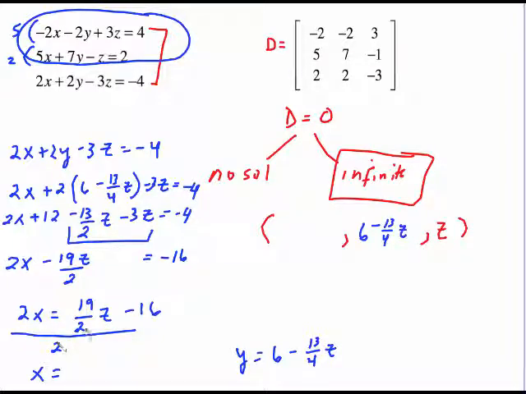And be careful, those 2's don't cancel. Dividing by 2 is like multiplying this by a half. So this becomes 19 fourths z. 16 divided by 2 does give me 8. So in my x position is 19 fourths z minus 8. And remember what that is. That is the generator of all of the points that would be solutions to this system.